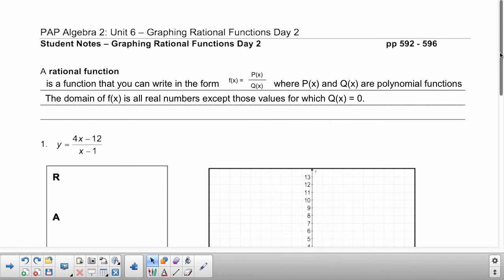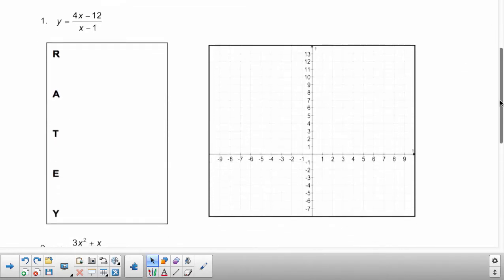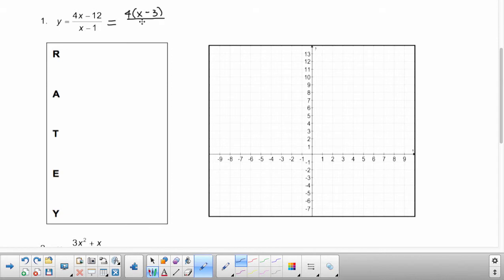Let's get straight into things with our first problem. Now with these, just as with adding, subtracting, multiplying, and dividing rational functions, our first step is going to be, yep, you guessed it, factoring. In this case, I can just factor the numerator by taking out the common factor of 4, leaving me an x minus 3, and in the denominator, we're fully factored, it's just x minus 1.